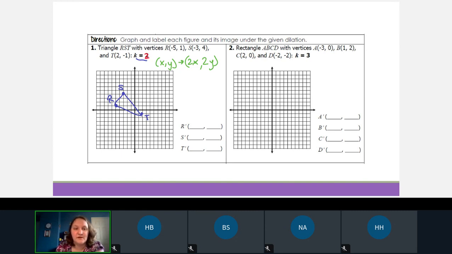Okay, so this scale factor is what I'm multiplying each coordinate by. So for R, I'm going to multiply -5 times 2 and 1 times 2. There we go. Now we have a new point. -10, 2. 1, 2, 3, 4, 5, 6, 7, 8, 9, 10. So R goes here, or R prime now, right? Because we get to give it the new name.